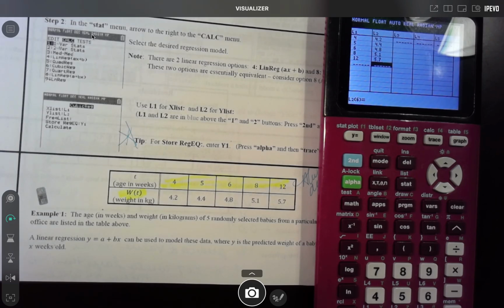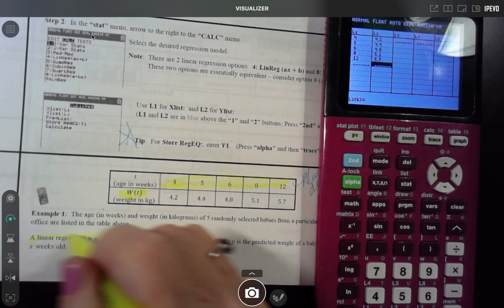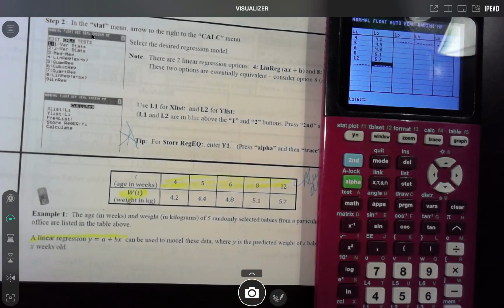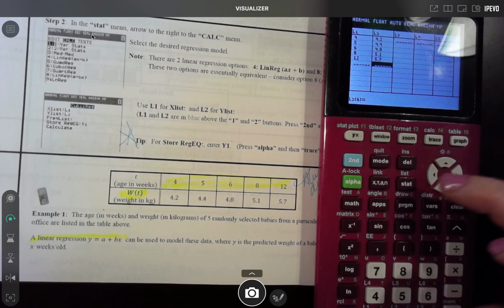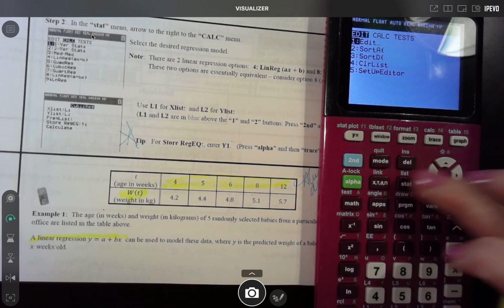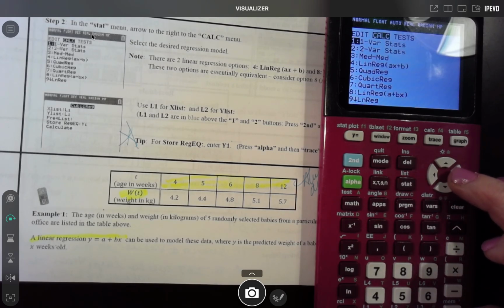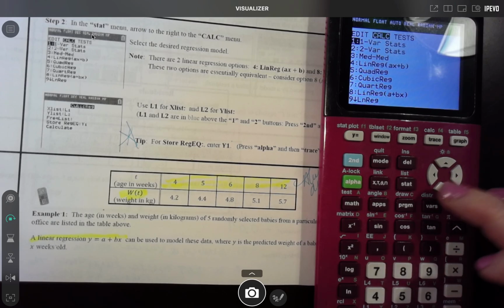Okay, so now we want to use linear regression, and they tell you in the notes to use the a plus bx. There are 2 different linear regression equations on here. To get to that linear regression, you're going to go to Stat again, and then over to Calc, and there's all your regression models.